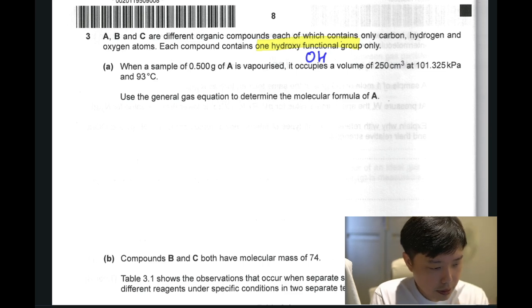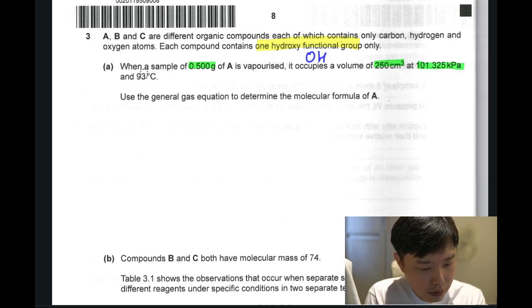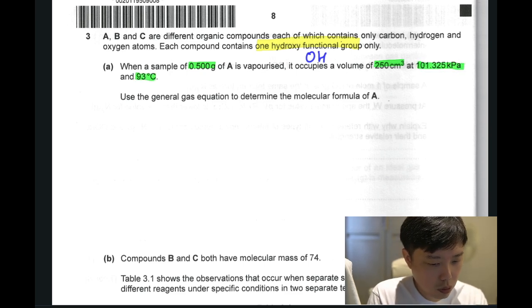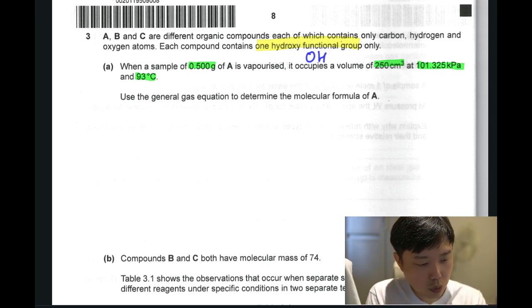Okay, so when a sample, let's just highlight all the data we are given. We are given the mass, we're given the volume in cm cube, we're given the pressure, we're given temperature in degrees Celsius. So we actually need to convert all of these variables to SI unit.